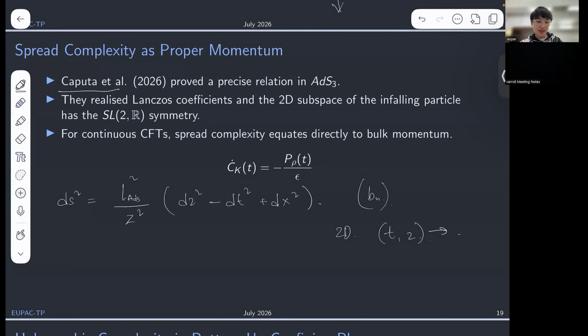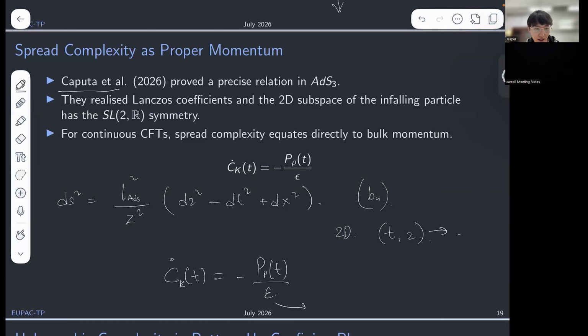So from this idea, they actually proved this relation concretely. This epsilon is some number that I won't be discussing. So they actually proved this idea. Very interesting paper.